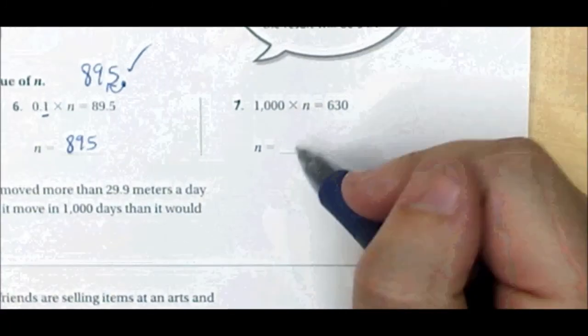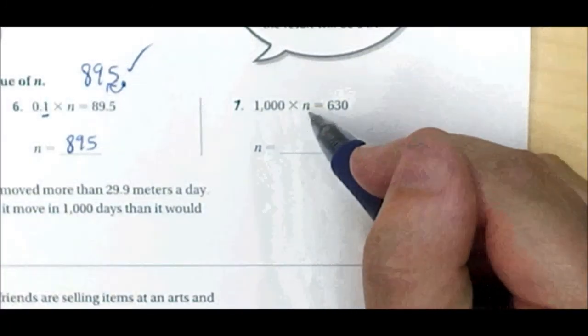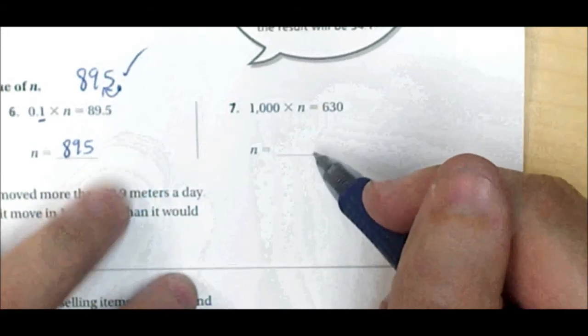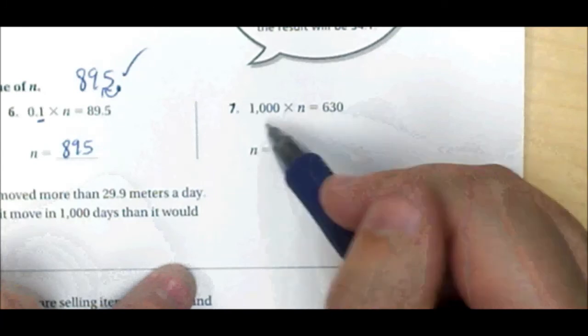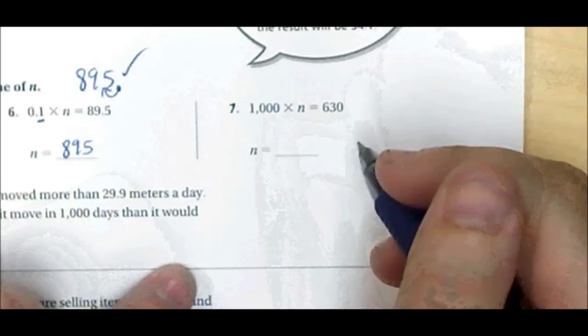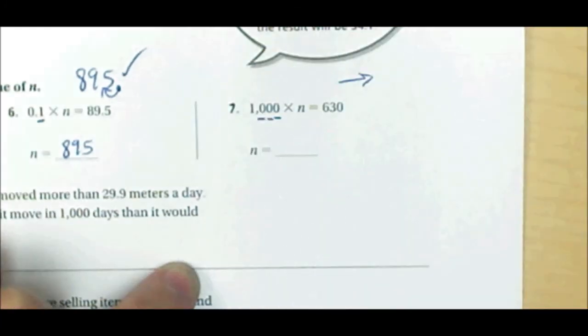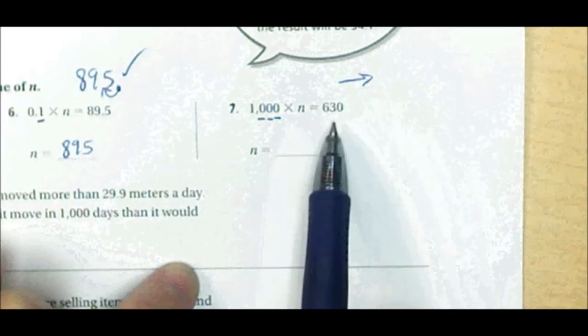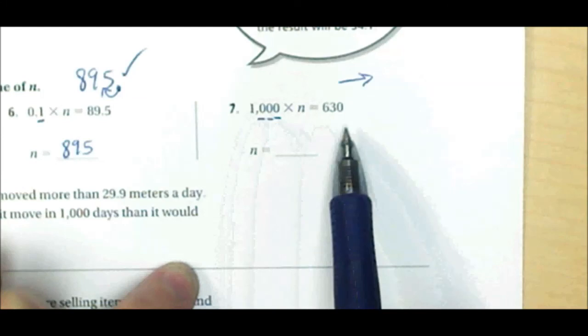And finally, we have 1,000 times n equals 630. So I know if I multiply something by 1,000, I move the decimal point over this way 3 places, because there's 3 zeros, okay? So this had to be smaller than this one, because if I multiply something by 1,000, it gets bigger.